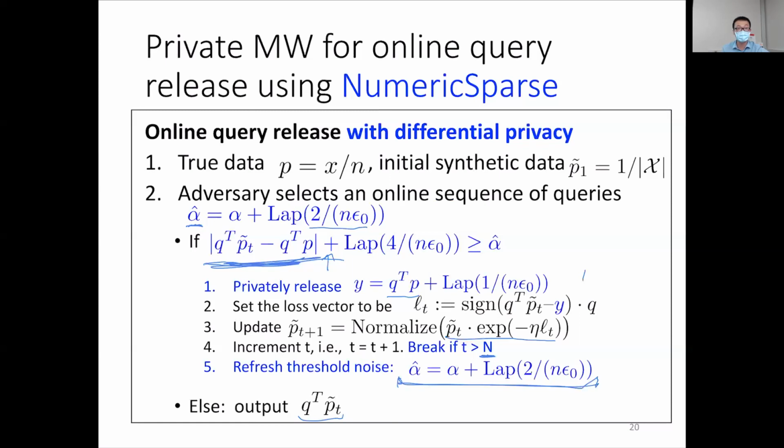So in total, there are at most 2n plus k Laplace random variables, and the largest one of them all is this one with a constant of 4 on top.